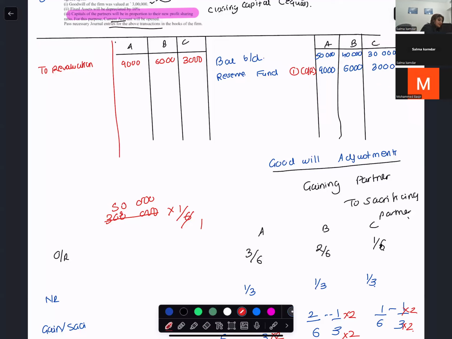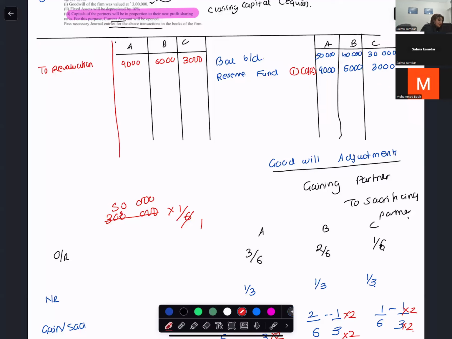Here they said that whatever is the closing capital, that means the closing balance of the partners' capital, has to be in their new profit sharing ratio.